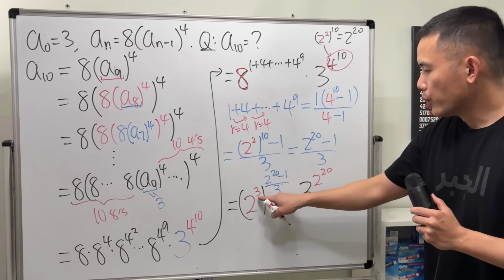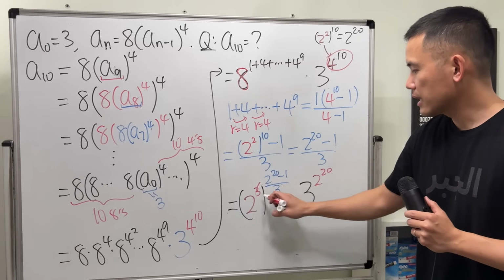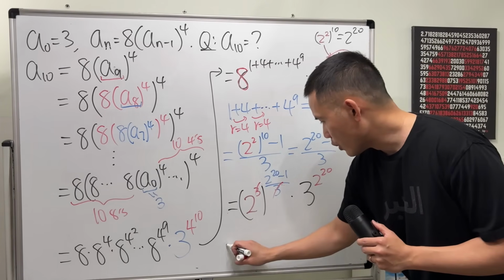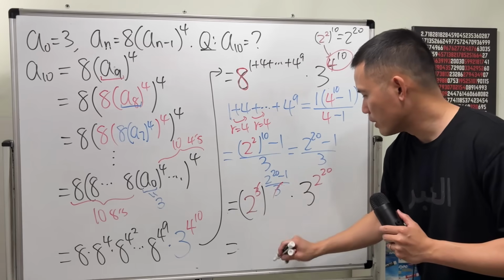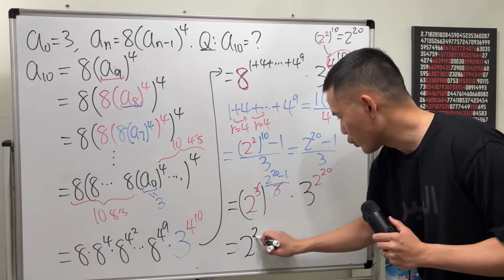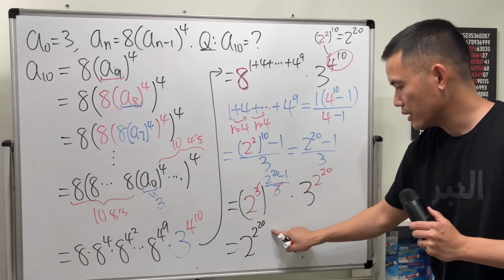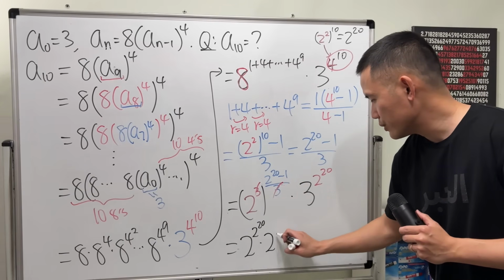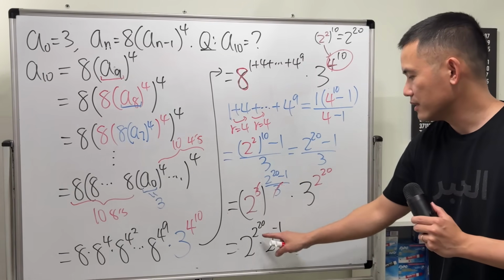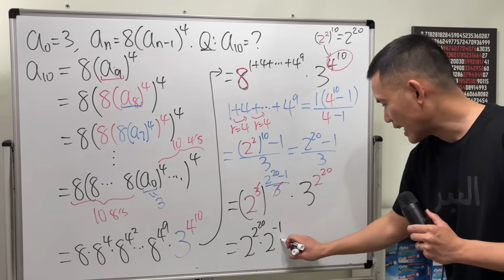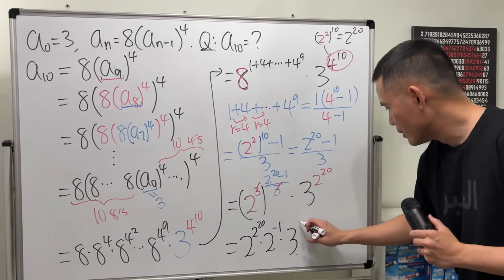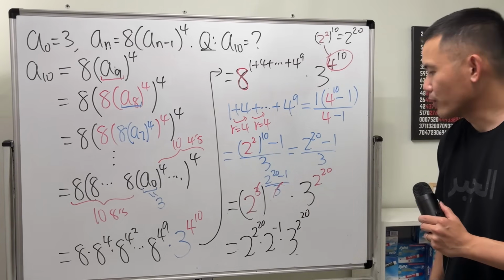And here, we can multiply the powers, and in that case, the 3 will cancel. So we get 2 to the 20th power, and then minus 1. But I'm going to write it as times 2 to the negative 1. Together, this is the same as that. And then times 3 times 2 to the 20th power.